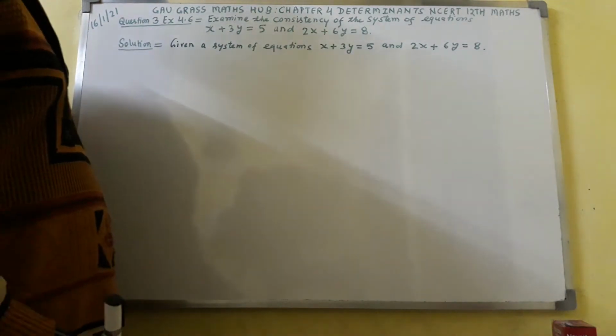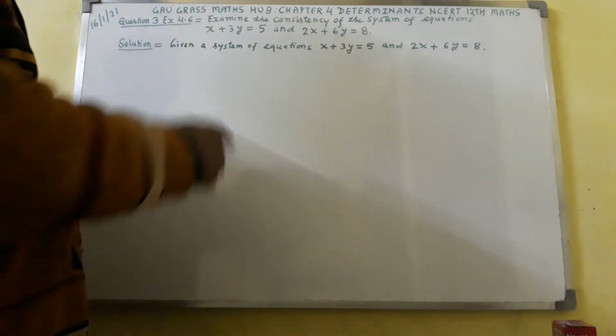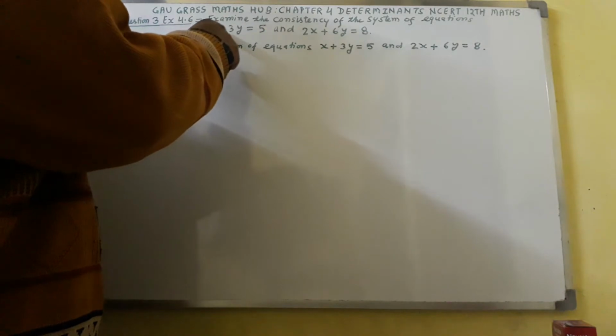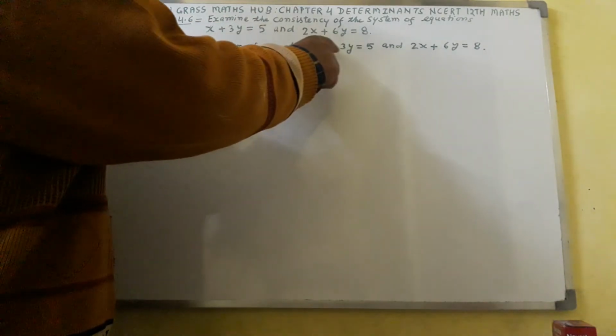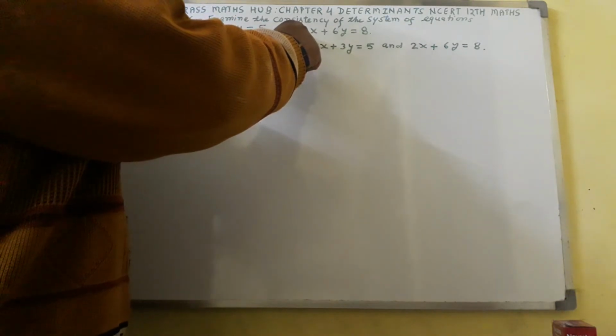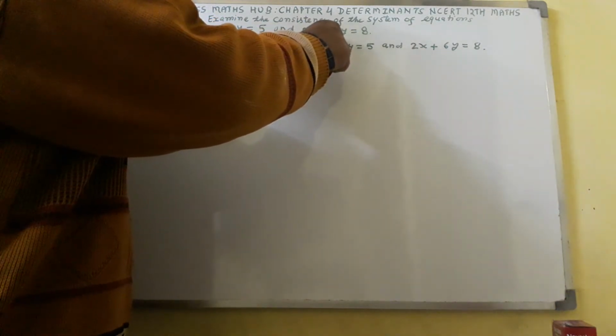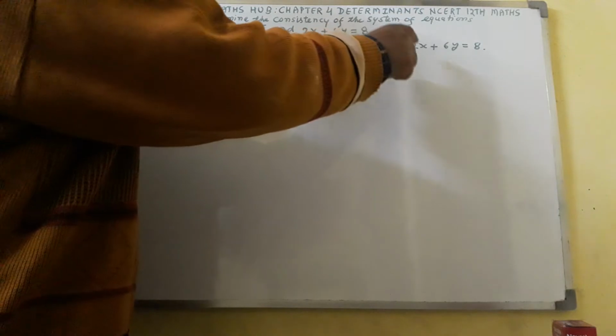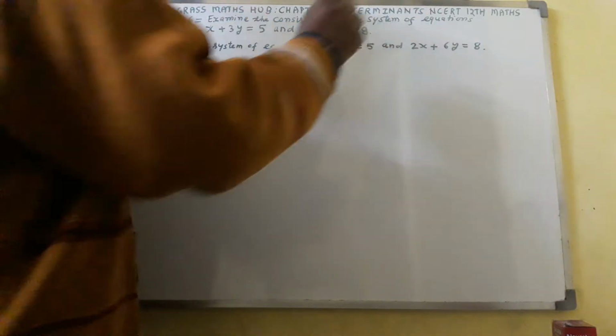Given a system of equations, the first equation is x plus 3y equal to 5. The second equation is 2x plus 6y equal to 8.